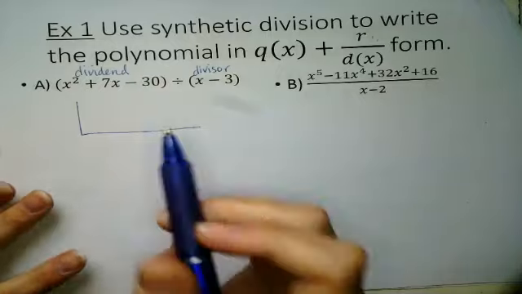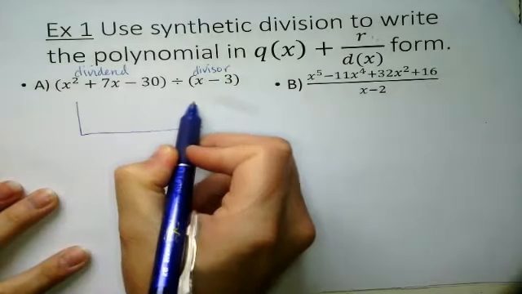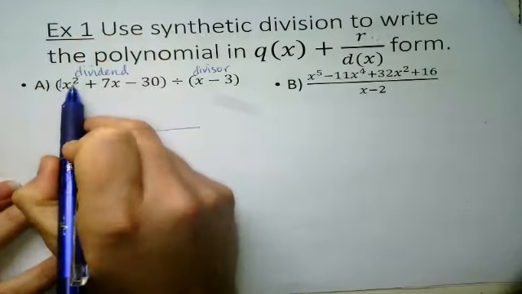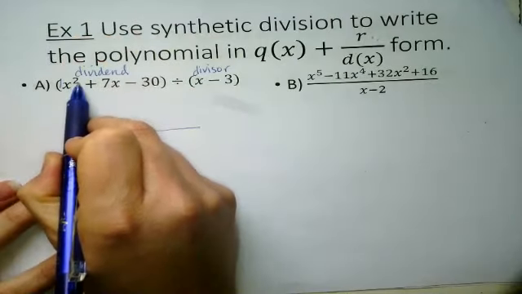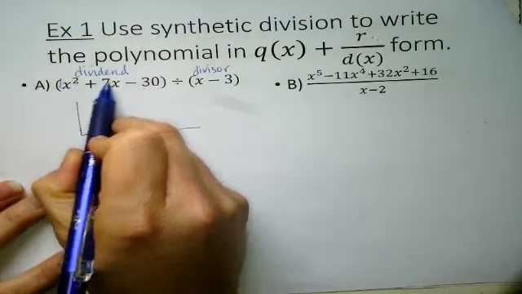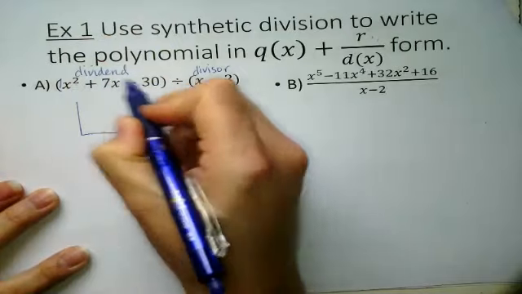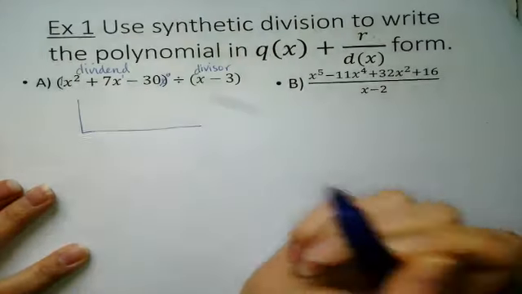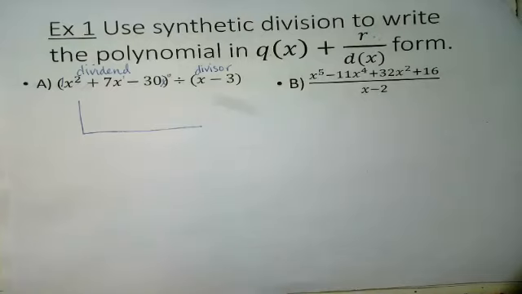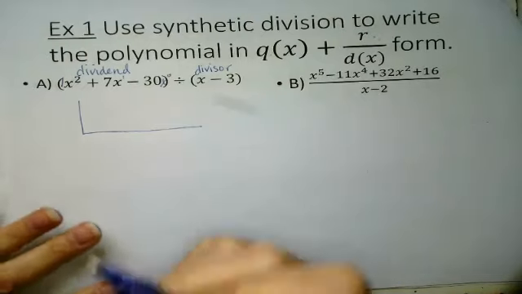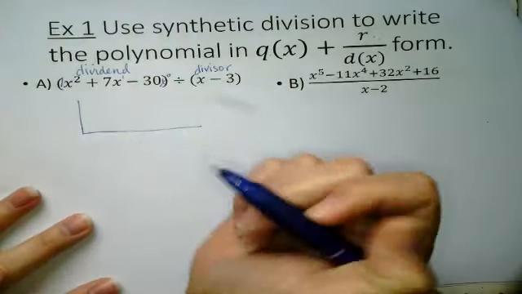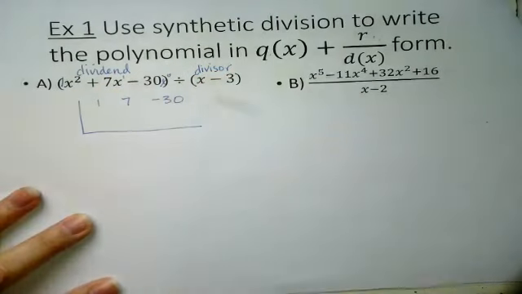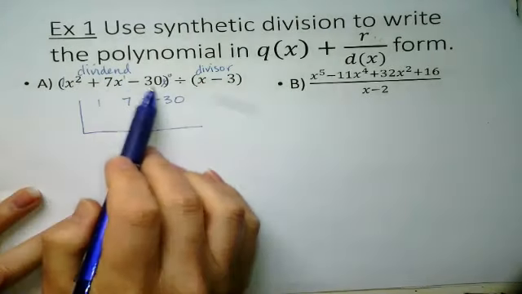If you remember, we write the coefficients of our dividend along the top. We always want to make sure that we have all of our powers counting down: x squared, x to the first, and this little constant is always x to the 0. So you want to make sure you've got all your powers and you're filling any gaps in with zeros if you have any missing terms. We're going to put a 1 and a positive 7 and a negative 30 along the top to represent our dividend.